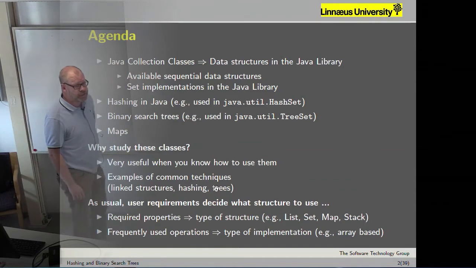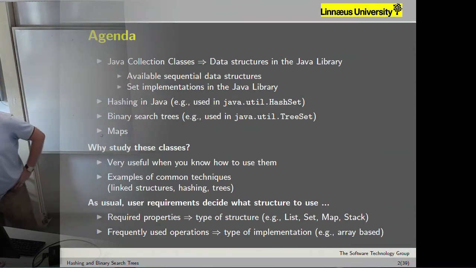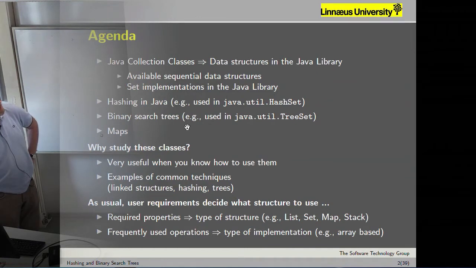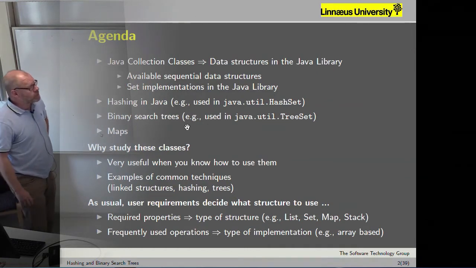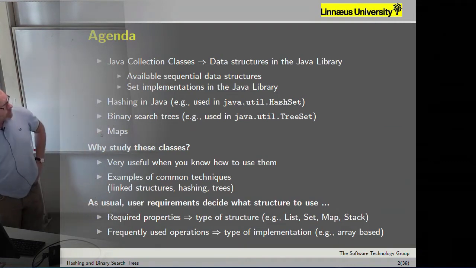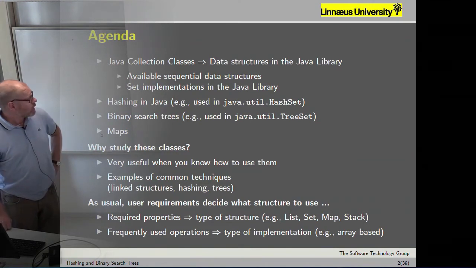For example, hashing is not only used in sets, it is the base for all databases. Databases are filled with hashing in different ways. And binary search trees, well, trees are a general data structure in Java, and they are also frequently used. So we will focus on set implementation, but remember that the techniques we are using today, hashing and binary search trees, are more general. They are used in different applications.